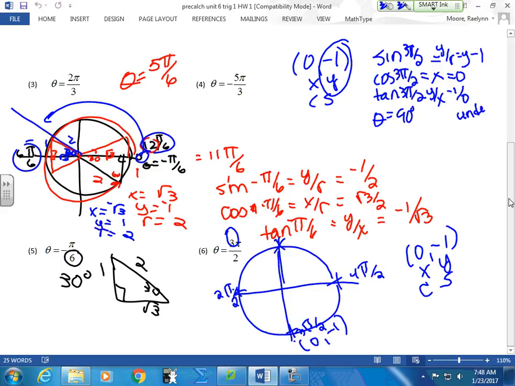Undefined. So there is no tangent to this. However, let's take the reciprocals. Cosecant. When I flip this guy over, it still gives me what? -1. When I flip this guy over, it's technically 0 over 1. When I flip it over, I am 1 over 0. I am undefined. And cotangent, well, I might have been undefined here, but if I flip this over, I'm 0 over -1, which is what? 0.